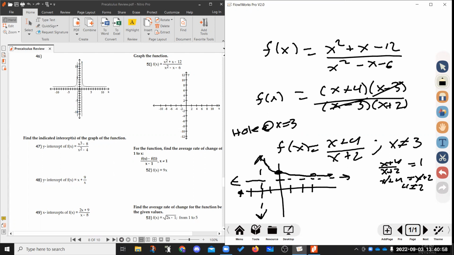And then it's coming up here, getting close. This is coming down this way, getting close, crossing, and coming over here, getting close from the bottom. All right. That is my sketch of number 51.